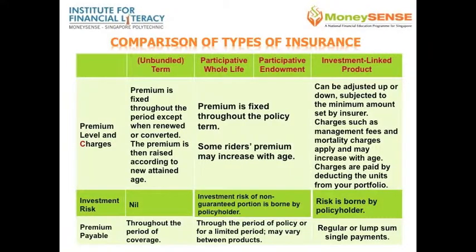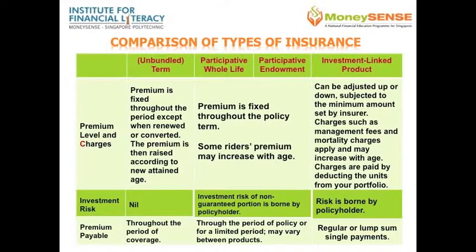For whole life plans and endowment plans, premium is also fixed throughout the policy term. As mentioned, there can also be riders attached to this type of products. However, for some of the riders, the premium could increase with age.